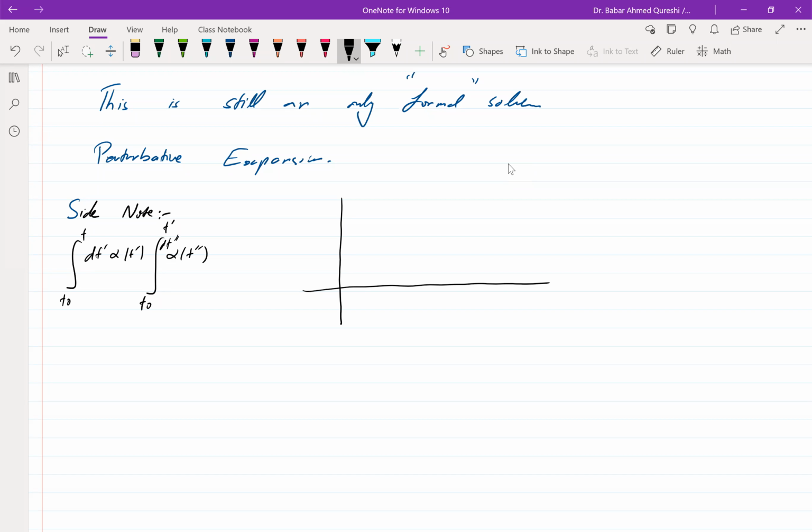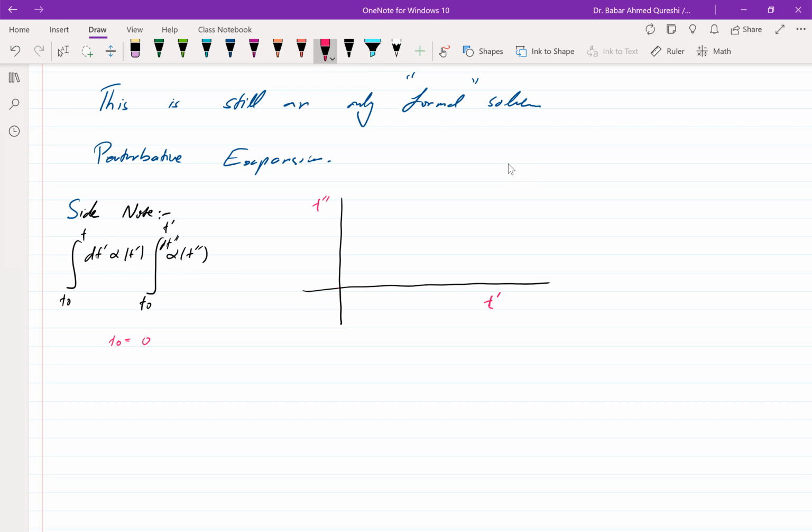So what kind of double integral is this? For ease of looking at this diagram, let's put t naught equal to 0. We can just shift it, it doesn't matter, or you can draw the diagram at a slightly shifted place. So you have t dash plotted here, t double dash plotted here.